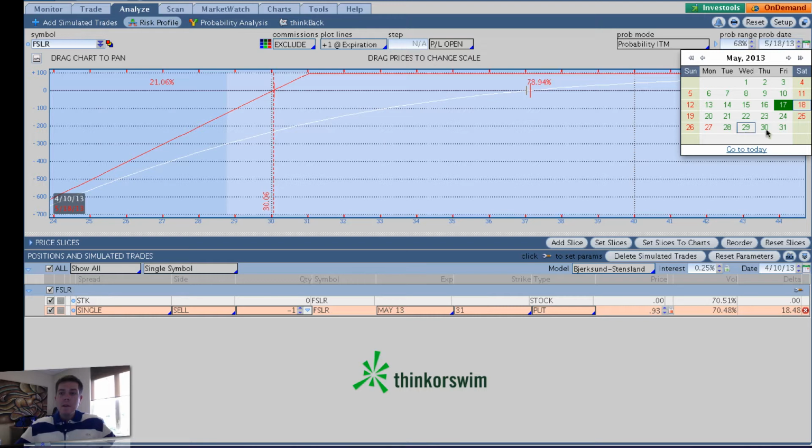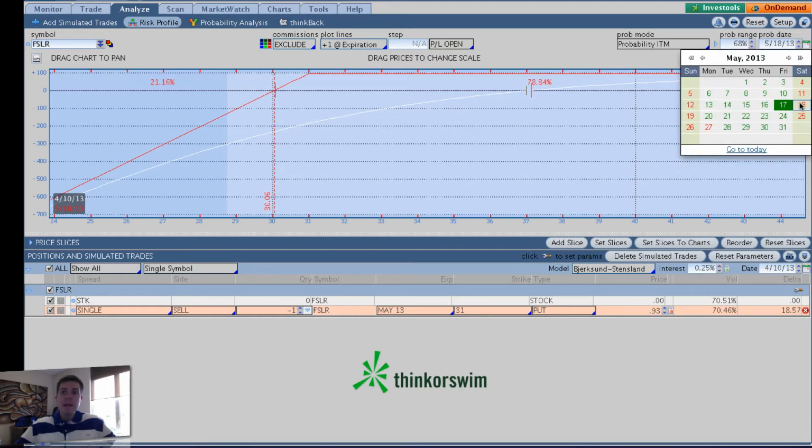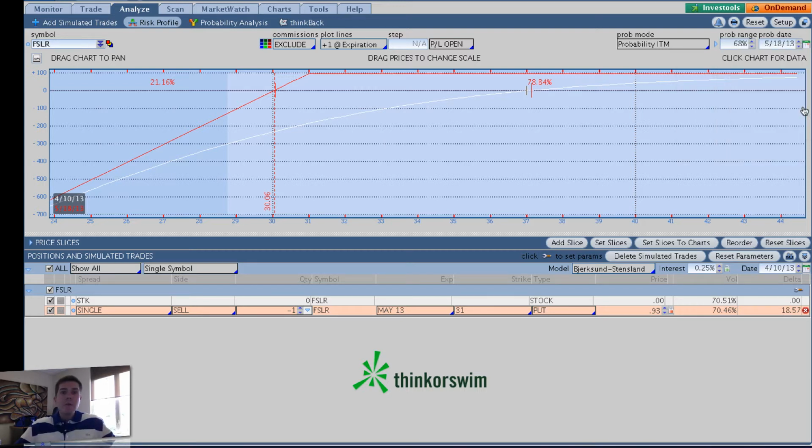So we have May expiration, so we want May 18th as our probability date. That's the Saturday, so the expiration Friday is the 17th. I always choose the Saturday because that's when everything's settled and you get the most accurate reflection of what this particular strategy will do by expiration.